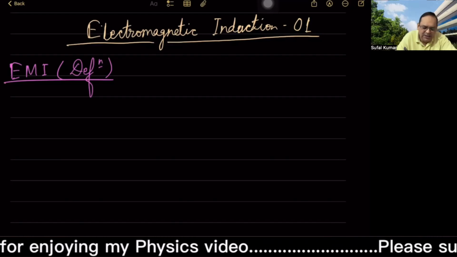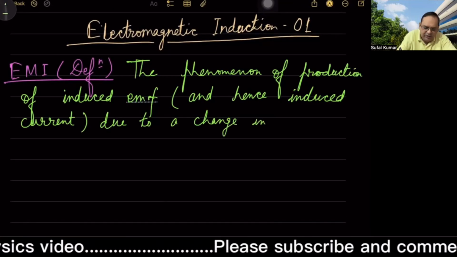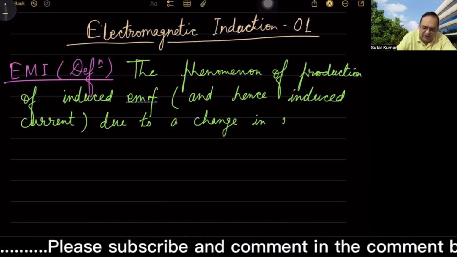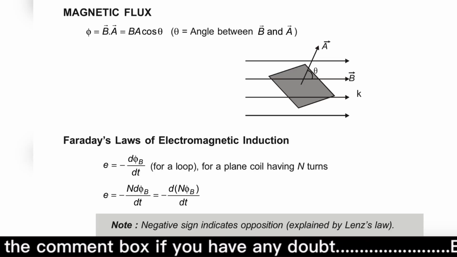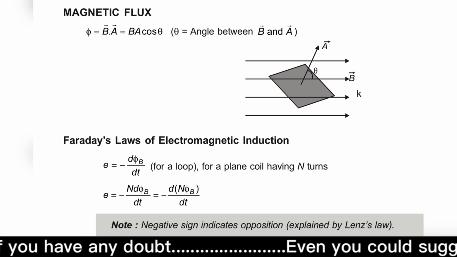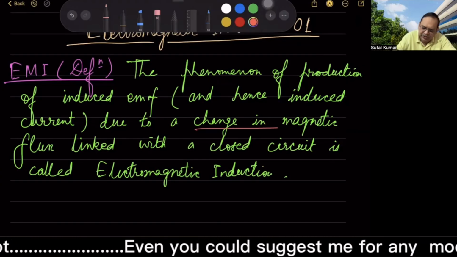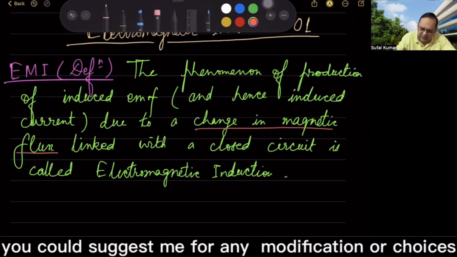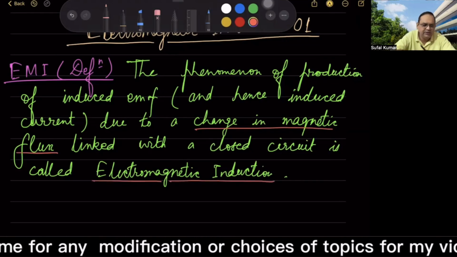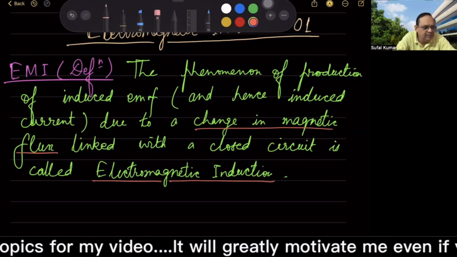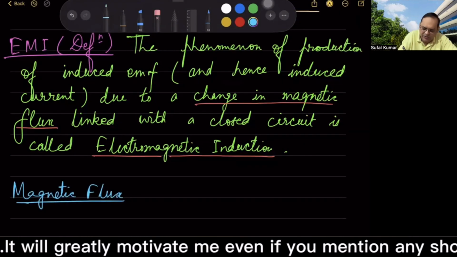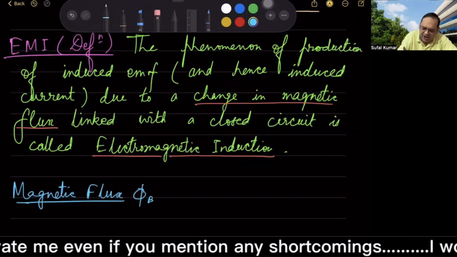So firstly, the EMI definition: electromagnetic induction due to change in magnetic flux. Firstly, we'll be discussing magnetic flux, which is denoted by phi B.